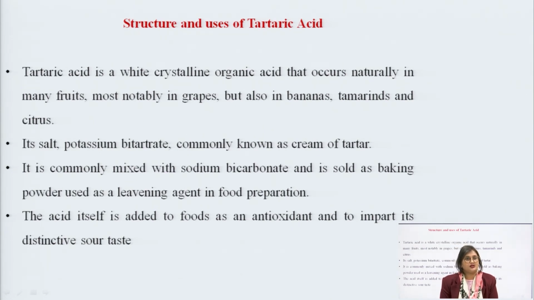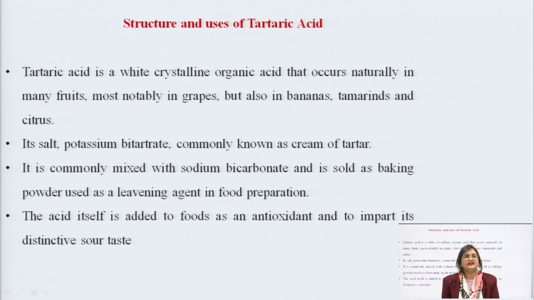Tartaric acid is a white crystalline organic acid that occurs naturally in many fruits, most notably in grapes. It is also found in bananas, tamarinds and citrus fruits. Its salt, potassium bitartrate, commonly known as cream of tartar, is commonly mixed with sodium bicarbonate and sold as baking powder.